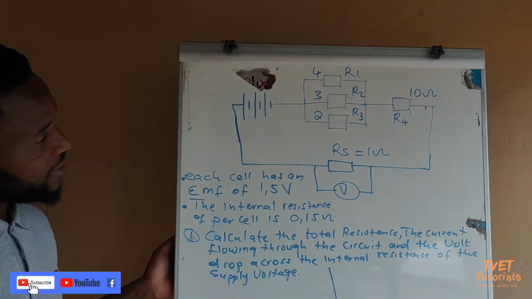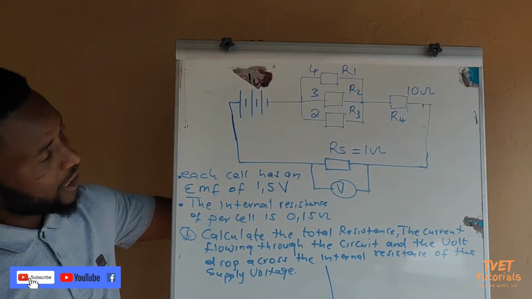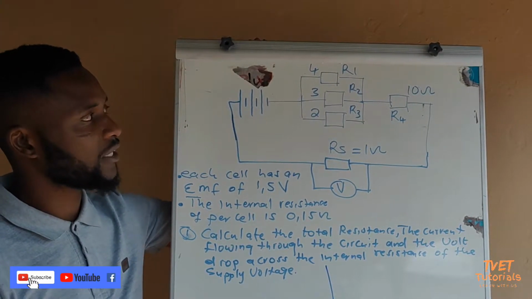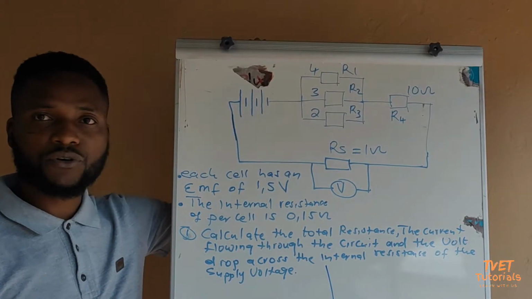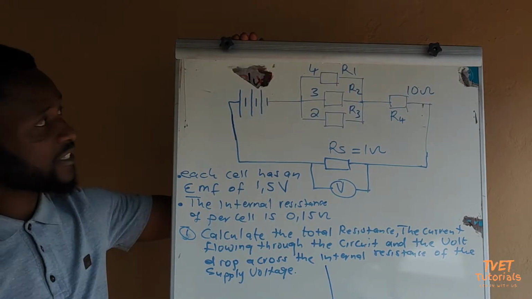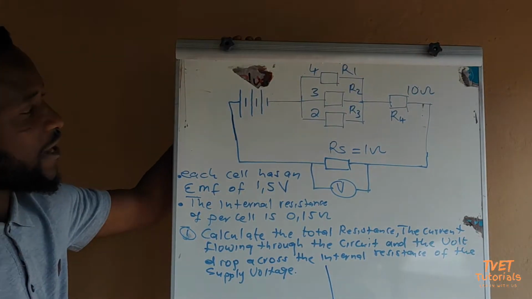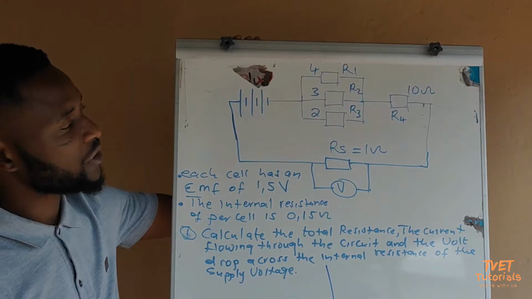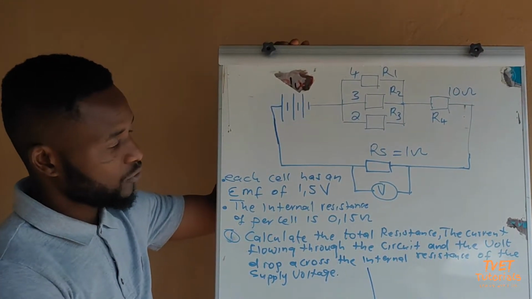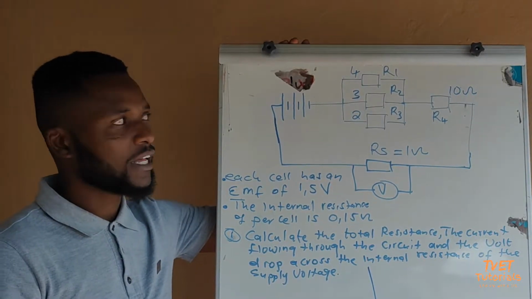As we can see, this series-parallel circuit has 3 resistors connected in parallel: your R1, your R2, and your R3. You can see the resistance of each resistor. You also have this parallel combination connected in series with R4, and also R5.